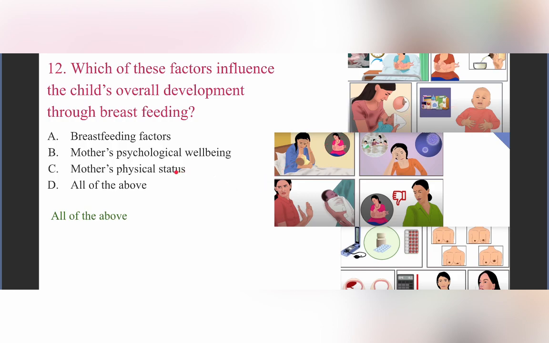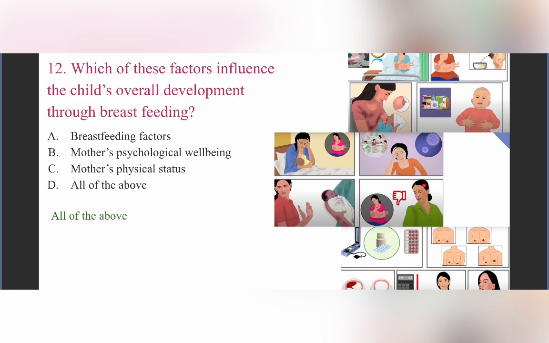Second, mother's psychological well-being. As we all know, postpartum depression is a very significant thing that can happen to a lot of women. It is not something which has come straight from storybooks, but it is very much there, and it is also very important that the mother bonds emotionally with the child.